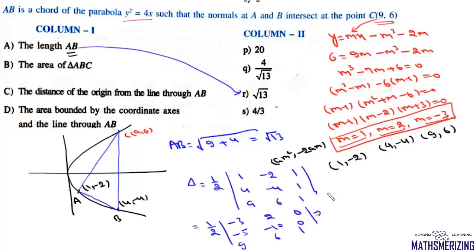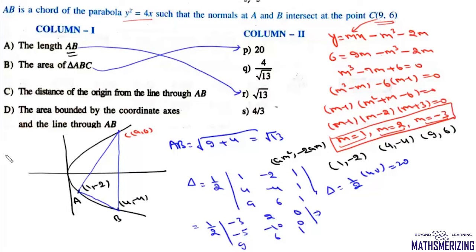So we can write this area as 1 by 2 times 30 plus 10. So that should be 40 and it is 20. So area of this triangle ABC is simply 20 units. So option B is matched to B.